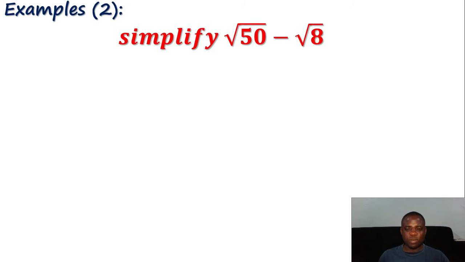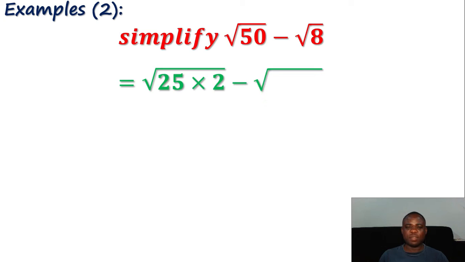Another example, if you are given the square root of 50 minus the square root of 8. Alright, so this is also expected to give us the square root of 25 times 2 minus the square root of 4 times 2.